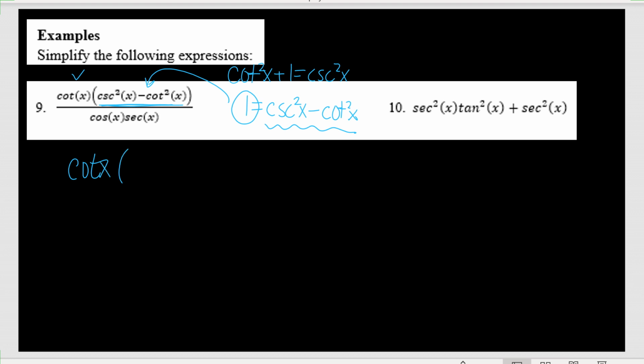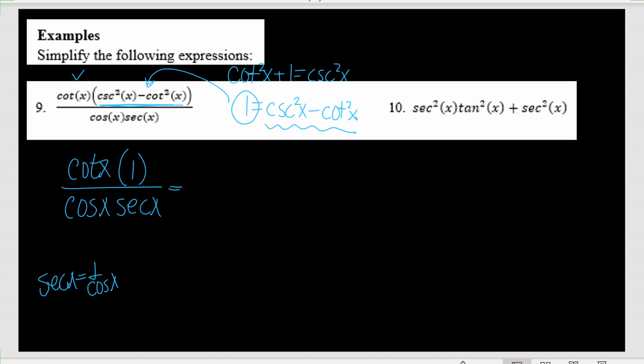So cotangent of x multiplied by 1, guys, that's just cotangent, divided by cosine of x multiplied by secant of x. Okay, so let's work with our denominator since we've got 2 terms down there. Remember, secant and cosine are reciprocals.